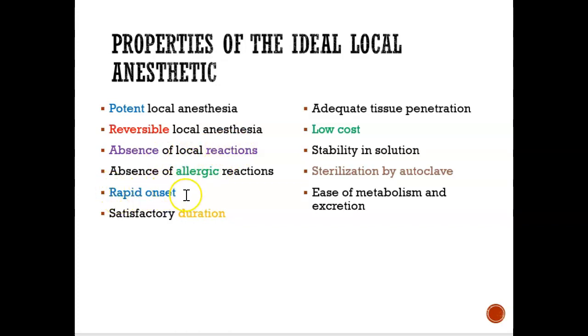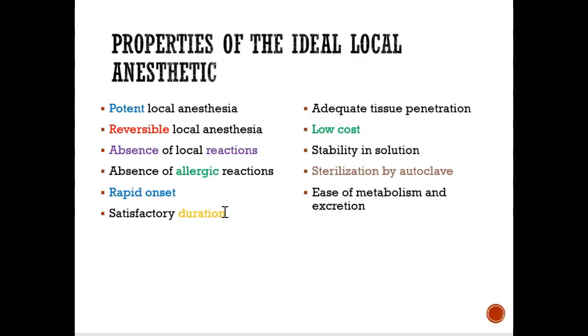You want rapid onset, which means that as soon as it's injected, you don't want to wait an hour before it starts feeling numb. You want to wait just a few minutes. It should start feeling numb pretty much right away. And you want a good duration, which means the area should stay numb for maybe 2 to 3 hours, okay?